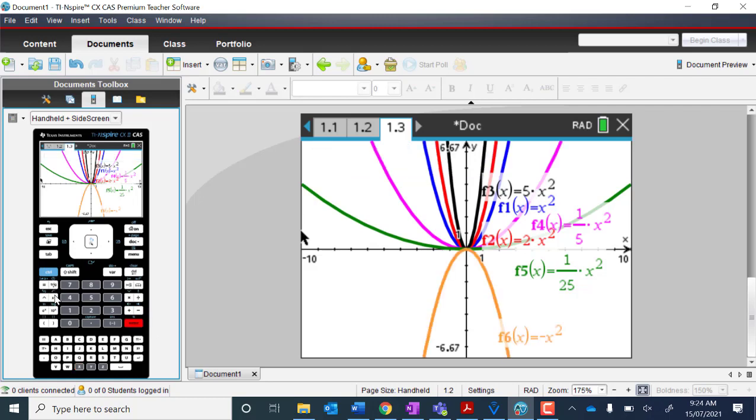It works on these calculators, it never used to, but I want you to use this negative here. It actually does work, but just be careful. If you've got a negative in front, I use that negative. Negative x squared is this orangey brown one now. You can see there. What does it do? Well, it reflects it in what we call the x-axis. It's a reflection.